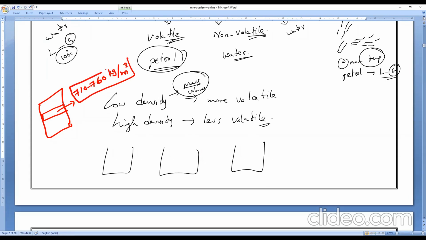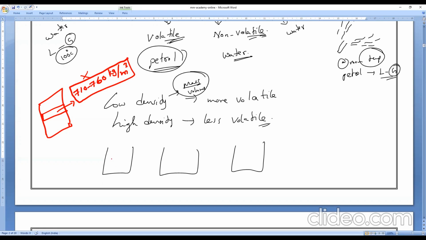If the density is in this range, then only the petrol is good. Otherwise, it is not good petrol and it will spoil our engine. Be very careful.